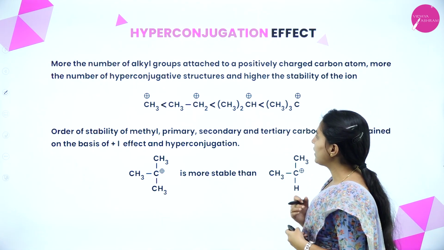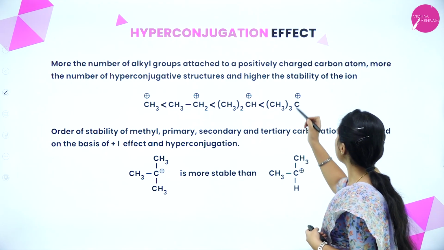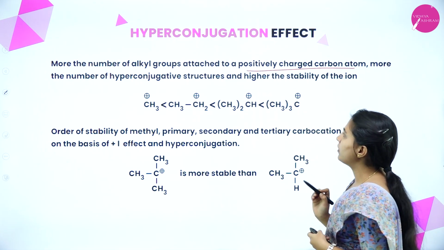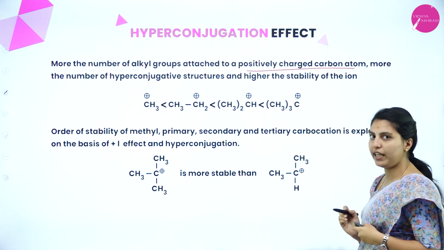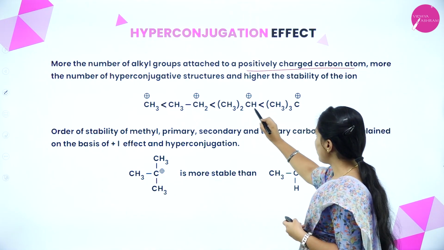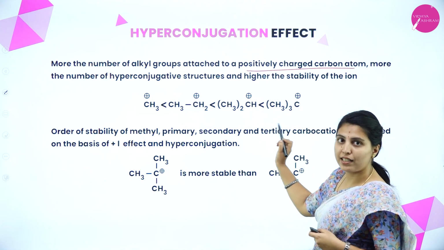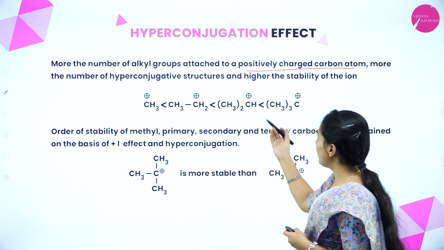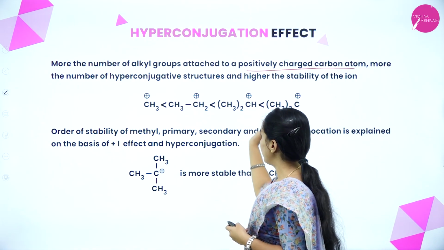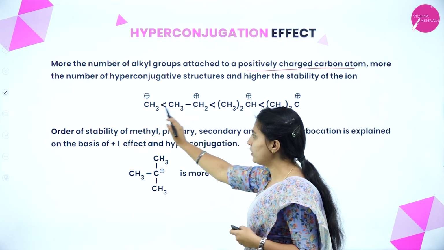The more the number of alkyl groups attached to the positively charged carbon atom, the more the number of hyperconjugative structures and the higher the stability of the ion. See, here CH is there, 3 CH3 is there. That's why the stability is more and the hyperconjugative structures are more. Here only 2, lesser than this one, and only 1, lesser than this one. This is only methyl.